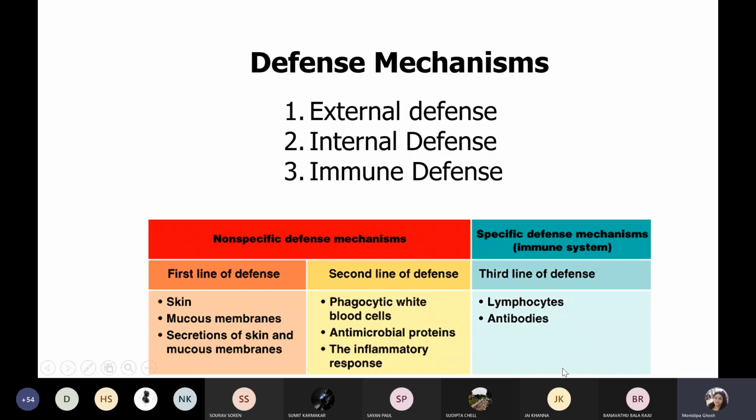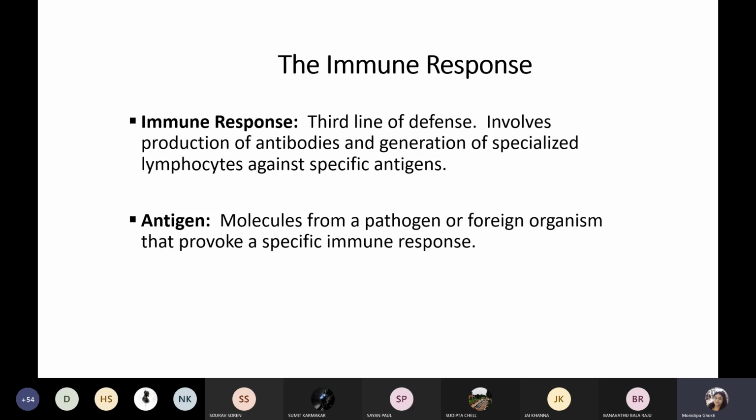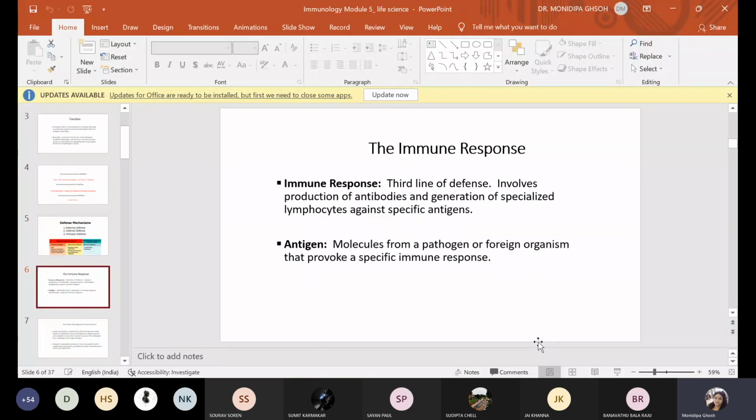So lymphocytes and the antibodies. In the era of COVID, you all perhaps know about the antibodies. Antibody is the chemical which is produced inside the body against any foreign antigen. So antigen is the cause and antibody is the result.